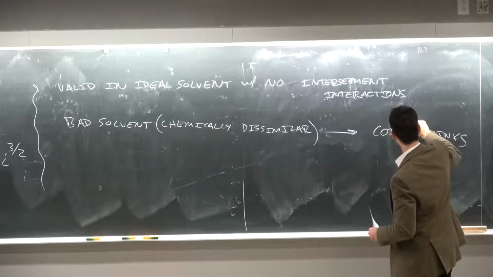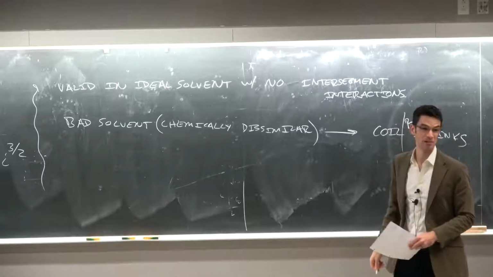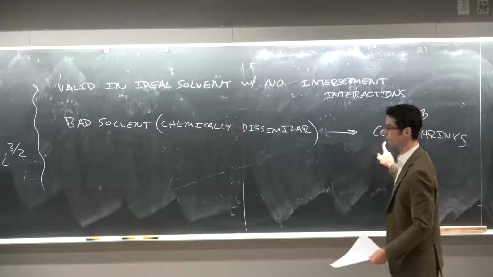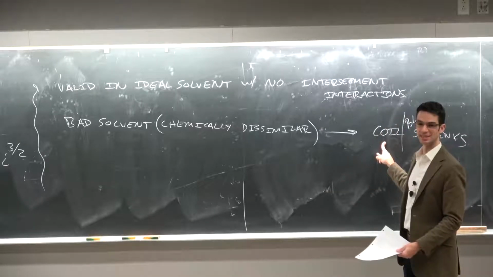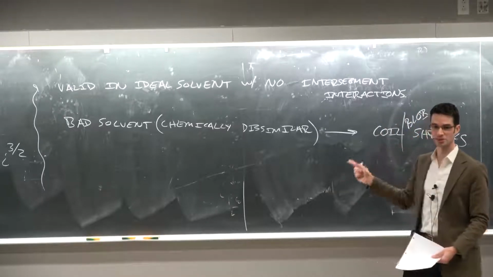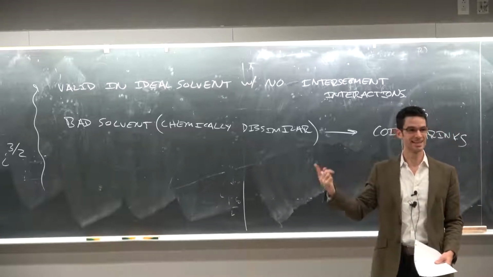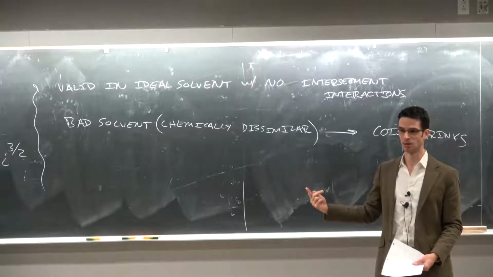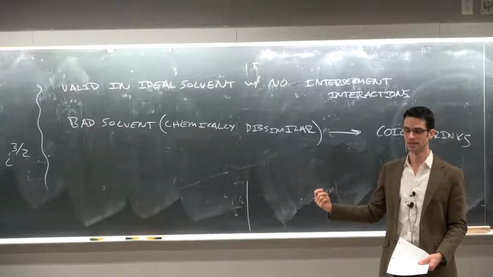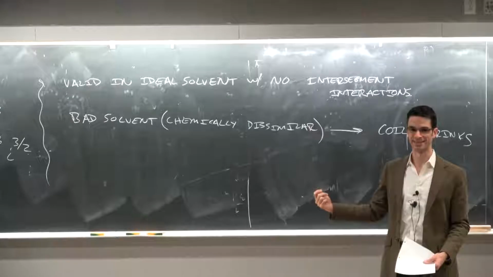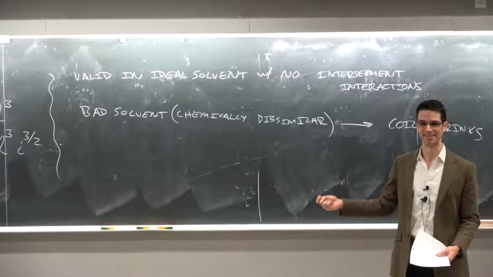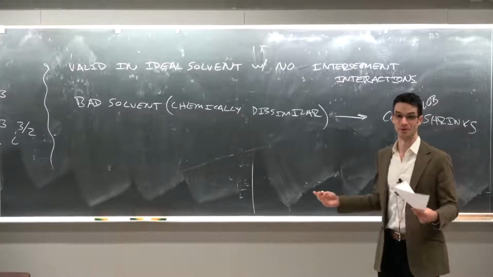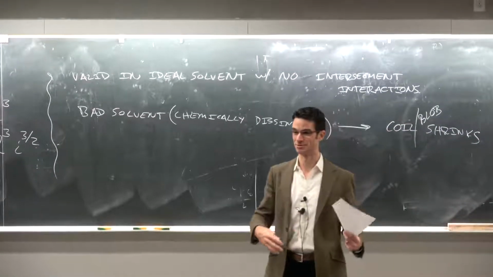Coil, blob. I think the word coil used in polymer science is a little bit of a misnomer because we think of a coiled snake, but a coil in polymer science means like the coil of speaker wires behind your TV or other place you might have a big tangled mess of coiled wires.